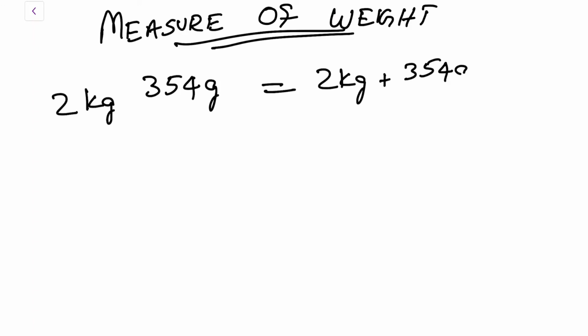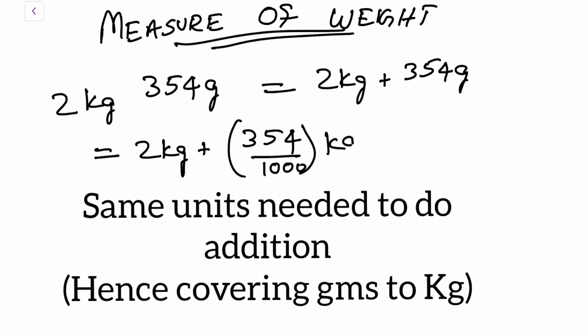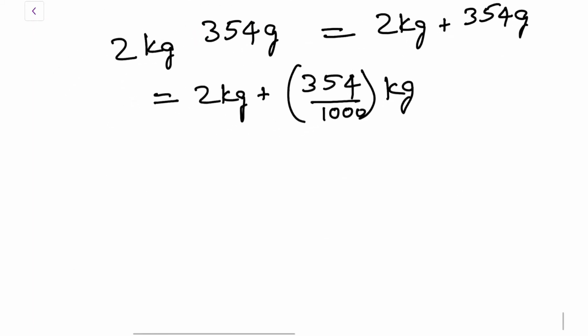Now 2 kgs plus 354 by 1000 kg. How did I do that? I'm going to write it here in the brackets. I'm going to show you how I converted 354 grams into 354 by 1000 kgs.